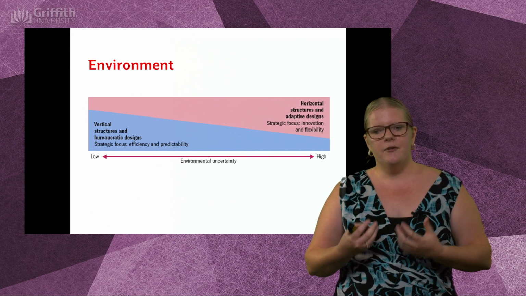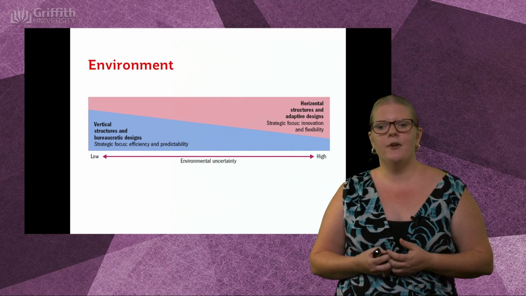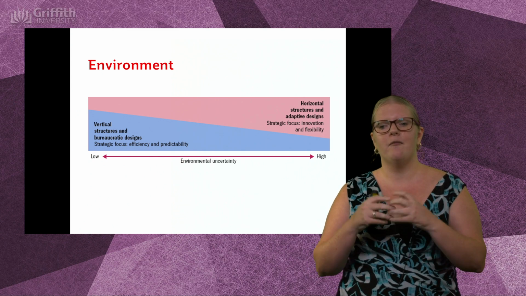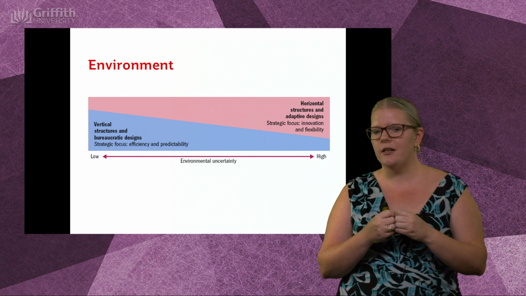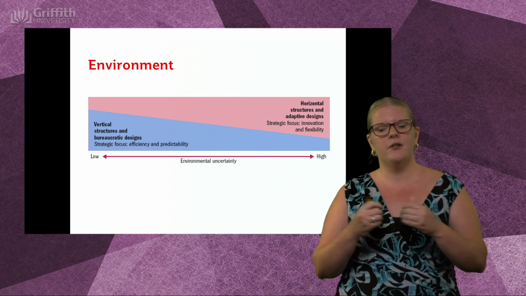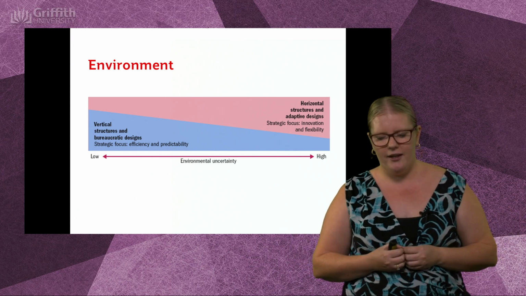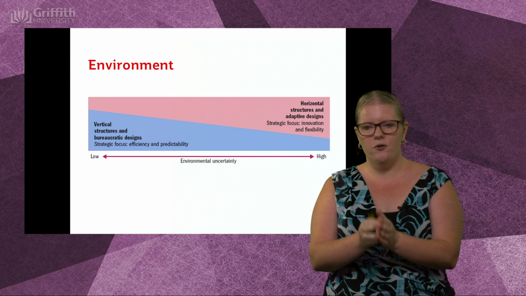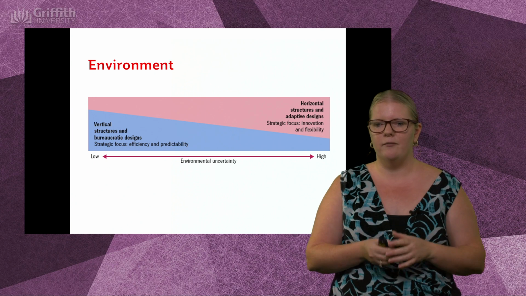An environmental contingency is really about how much certainty do I have that my environment around me isn't going to change. Okay, so when I'm designing an organisation, I need to start thinking about how much flexibility I can have in the way I do something to meet the outcomes.